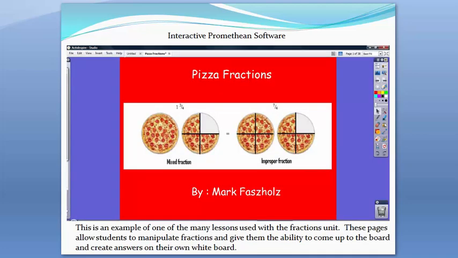Some of the things that I decided to put in this presentation would be the interactive Promethean software. If you take a look, it says this is an example of one of the many lessons used with the fractions unit. These pages allow students to manipulate fractions and give them the ability to come up to the board and create answers on their own whiteboard.